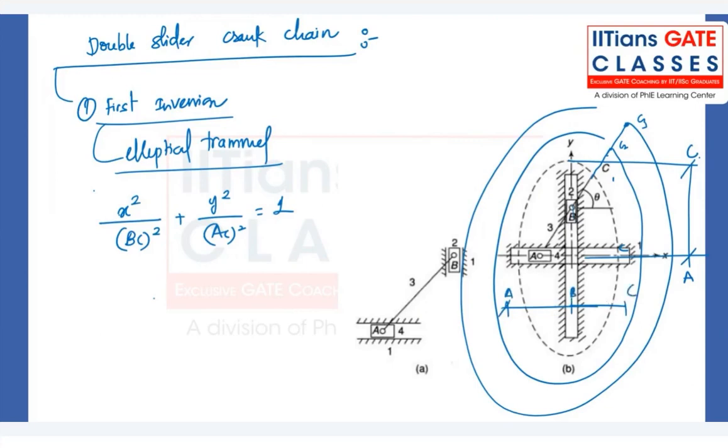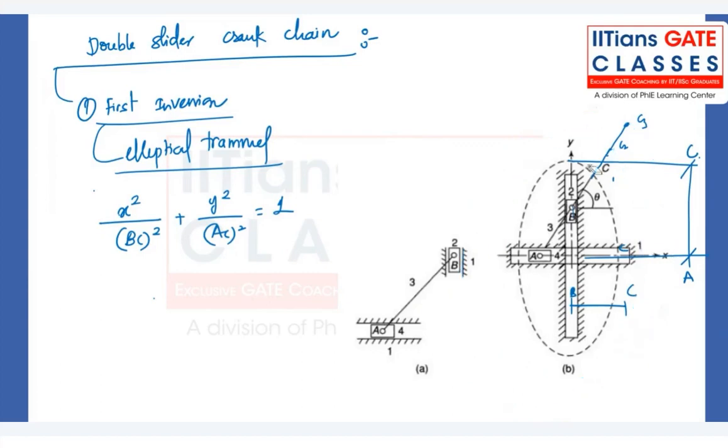I think it's enough if I just draw like this. Let me remove the other stuff so it will be more clear. Okay, so AC is the major axis and BC is the minor axis. So x square by BC square plus y square by AC square equals 1 will be the equation of the ellipse which we can generate out of it.